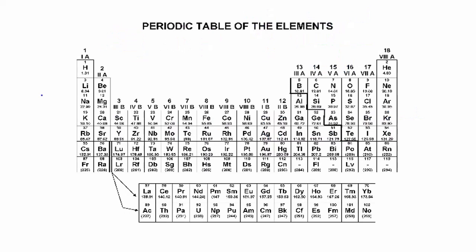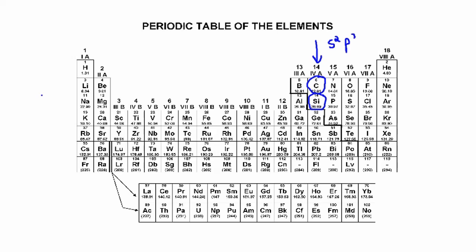Now look at this. The first one we had was silicon, and silicon is right here. And the next one we did was carbon, and carbon is up here. So as you can see, anything in this column is going to have an S value of 2 on its own row, and a p-value of 2 on its own row.